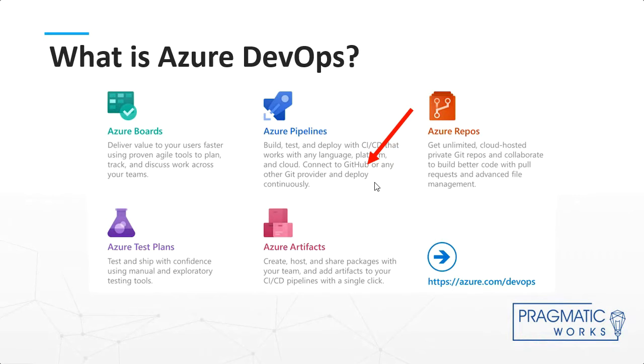What Azure DevOps tries to do is allow you to use the parts of those tools that you really need. So instead of having to use the entire suite of services, you can pick and choose. Maybe you only want to use Azure Boards for issue tracking, or maybe you want to use Pipelines for deployment. You can adopt CI/CD in the form that works best for you and your organization.